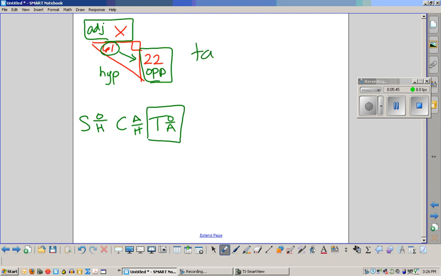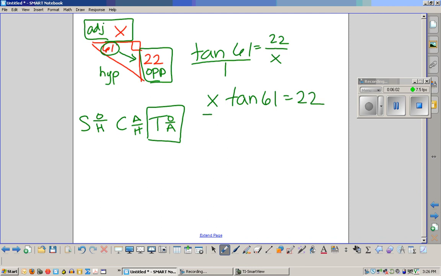So we're going to do the tangent of 61 equals 22 over x. I'm going to set this up like a proportion, especially since x is in the denominator. So we're going to cross multiply here. We get x times the tangent of 61 equals 22. To get x by itself, we divide by the tangent of 61.